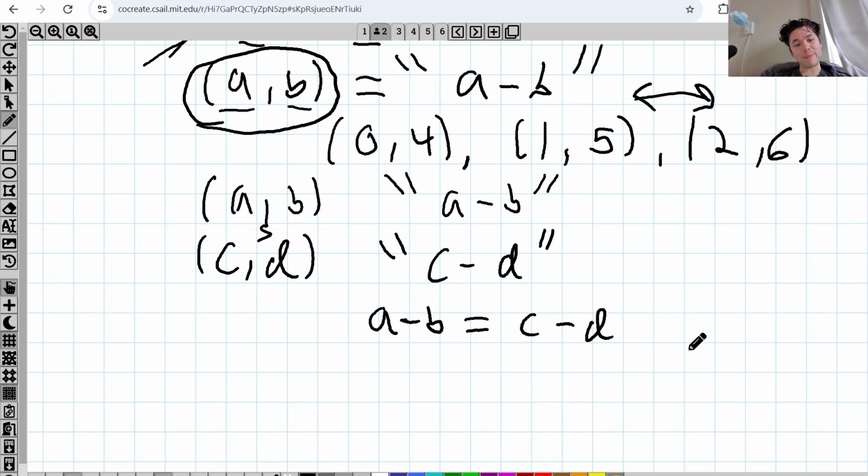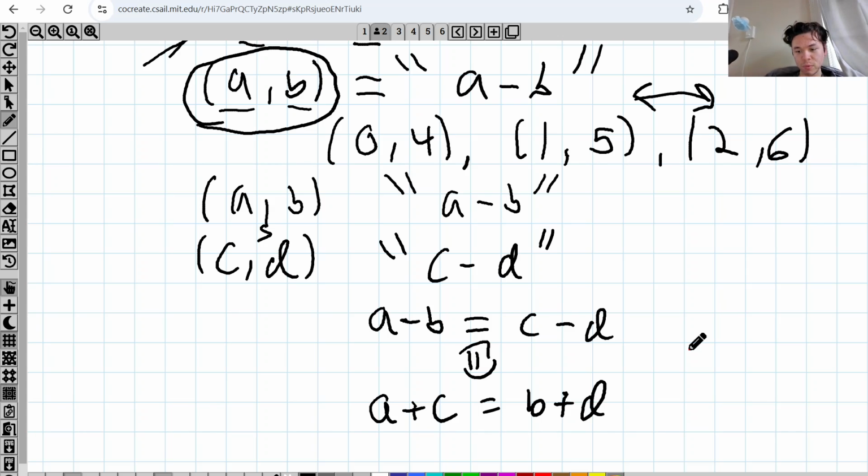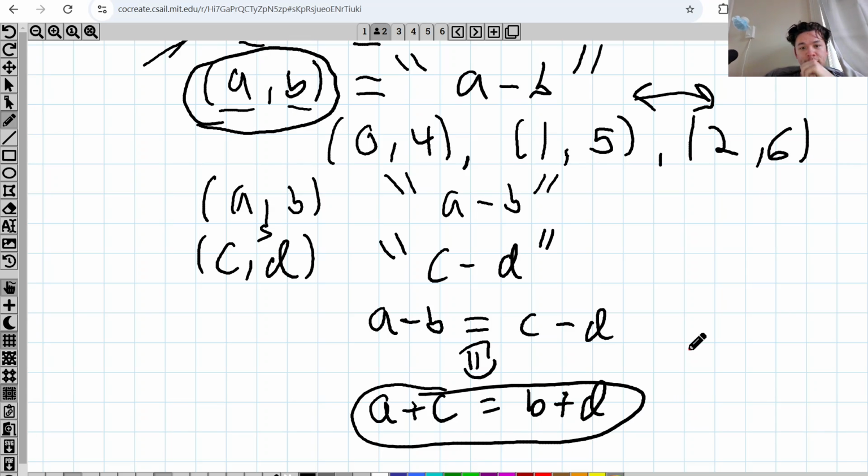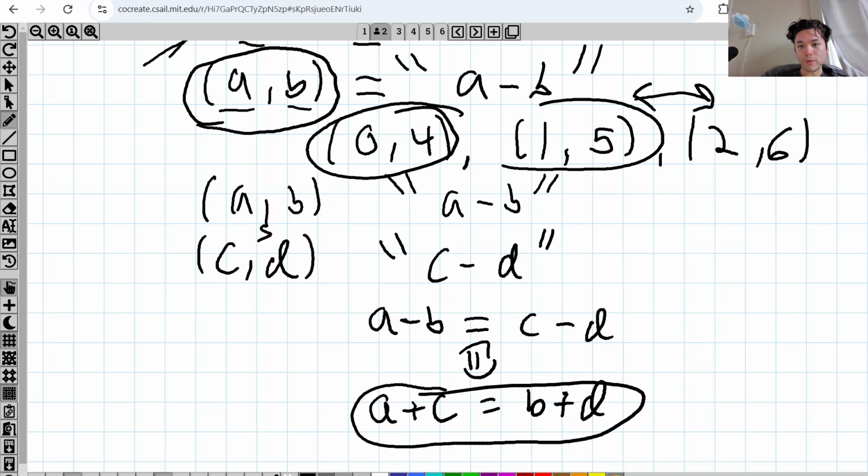With the mathematics that I have at my disposal, I can add positive numbers, so this is the same equation as a plus d equals b plus c. So we say that 0, 4, which represents negative 4, is equal to 1, 5. Why? Because 5 plus 0 equals 1 plus 4. Basically, because a minus b equals c minus d.